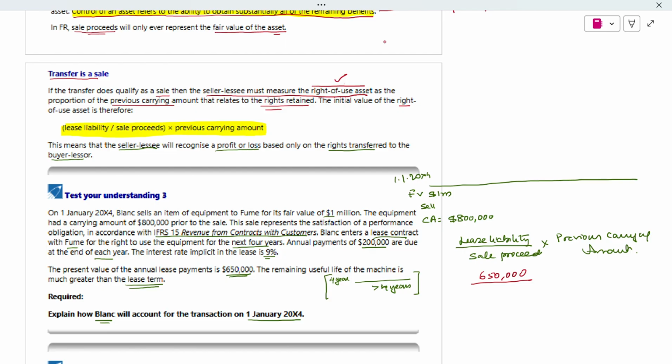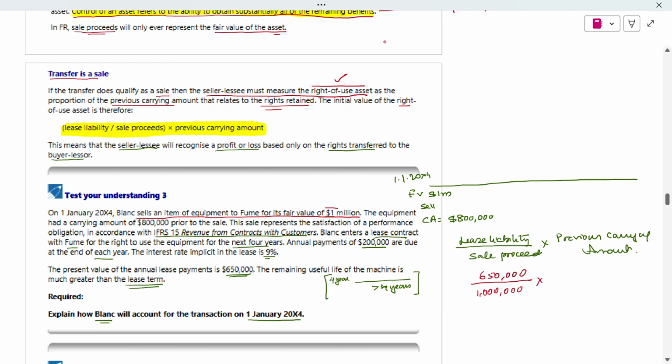The first line: fair value of the equipment sold to Fume.